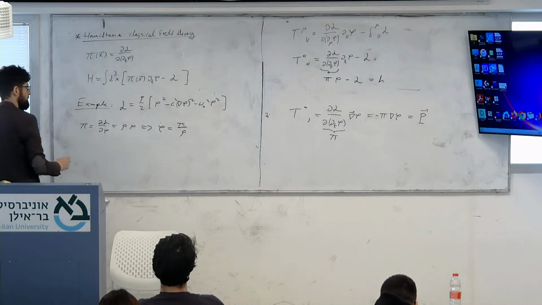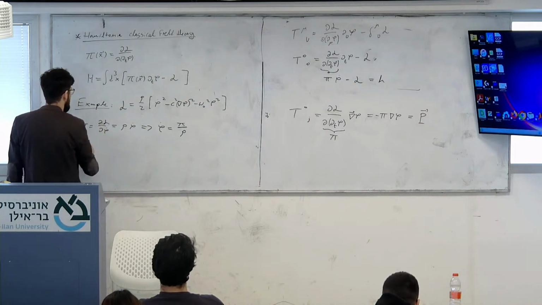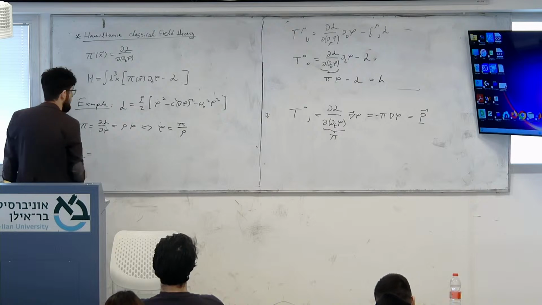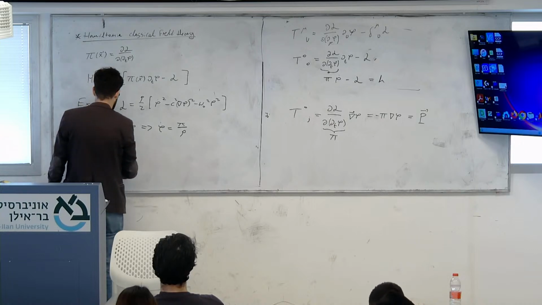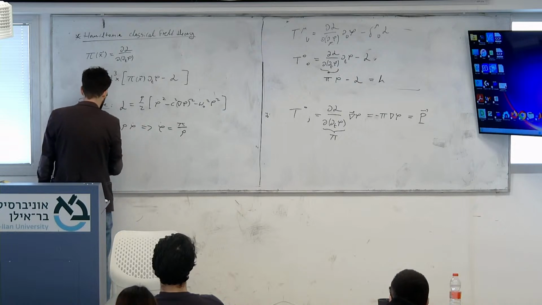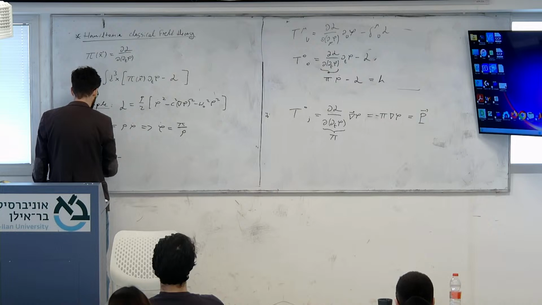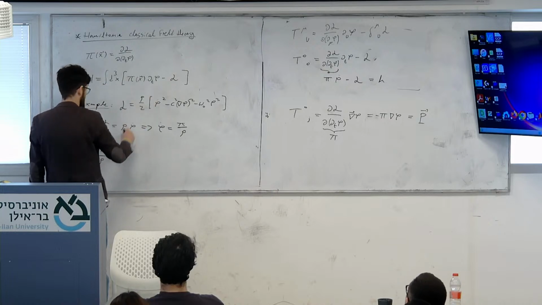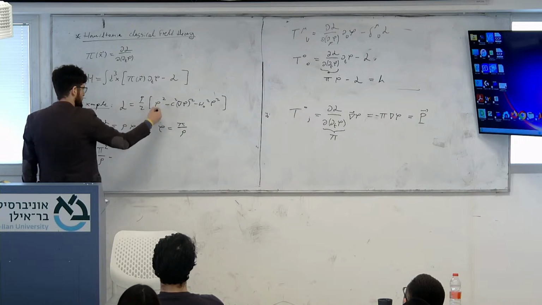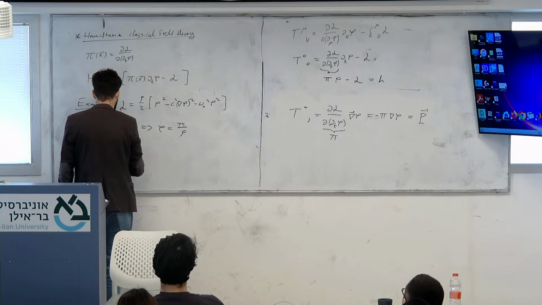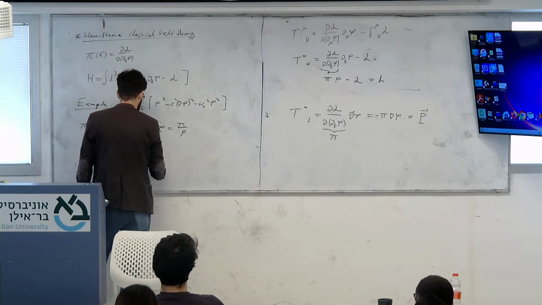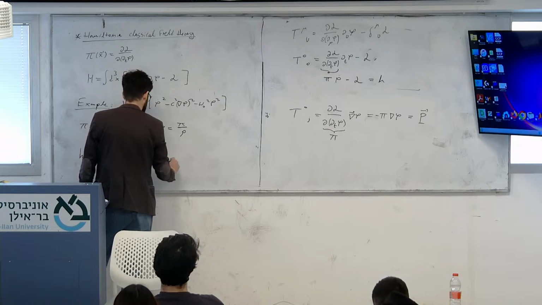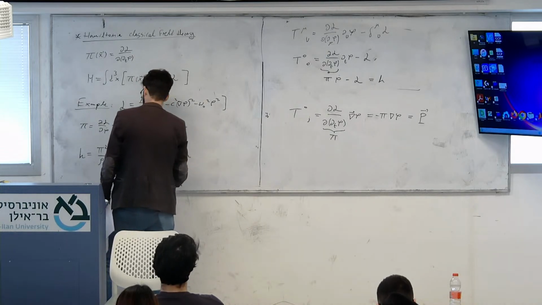So we just plug that in, and we get that H, the Hamiltonian density, is π times φ dot, which is π squared over ρ, this first term, and then minus L, which is π squared over 2ρ plus c² (∇φ)² plus ω₀² φ².